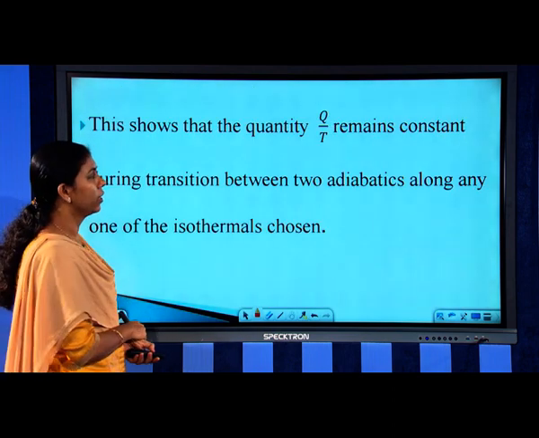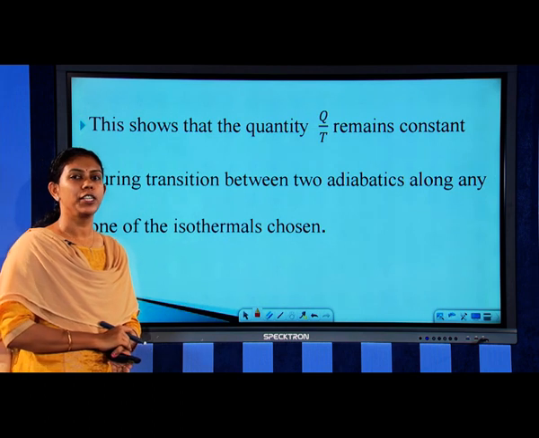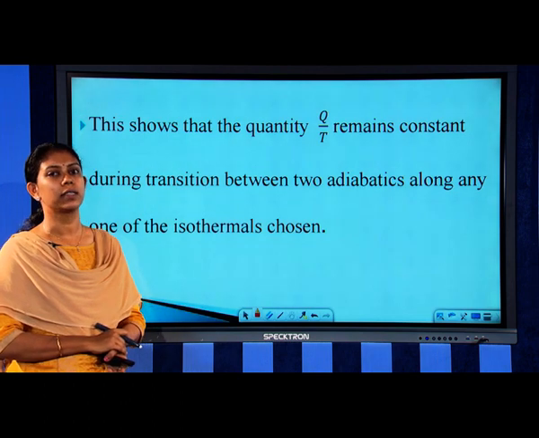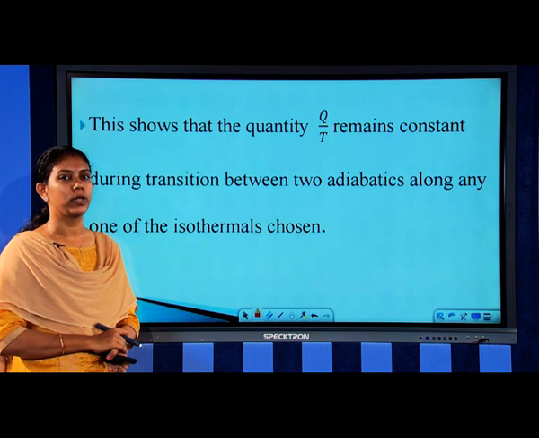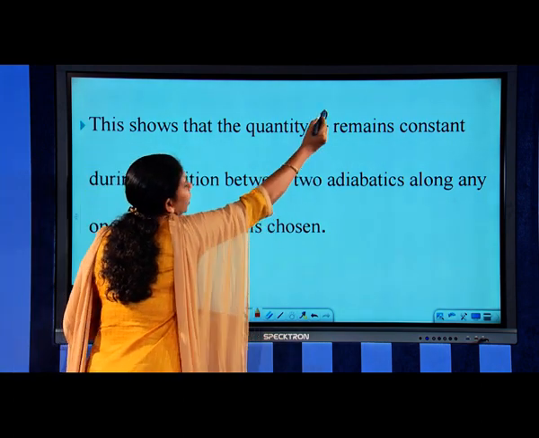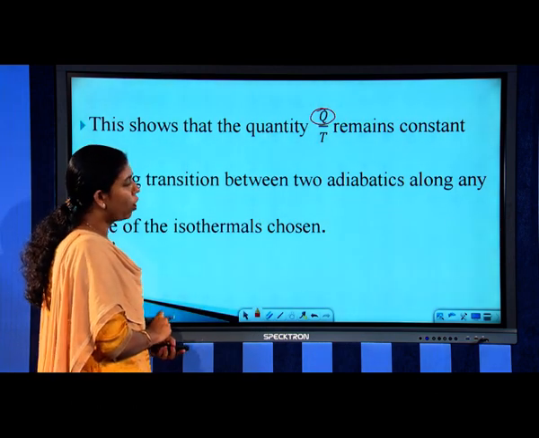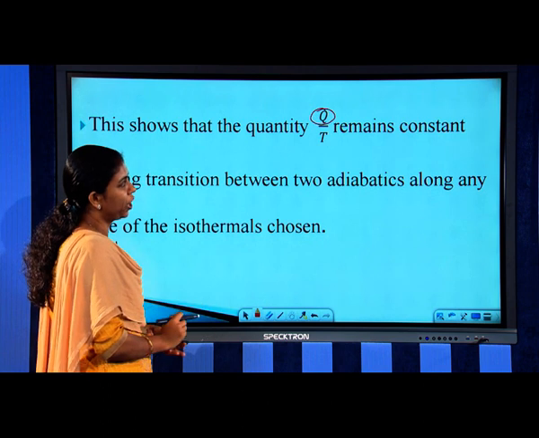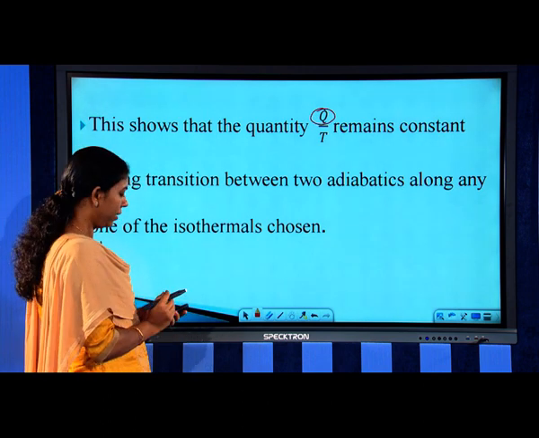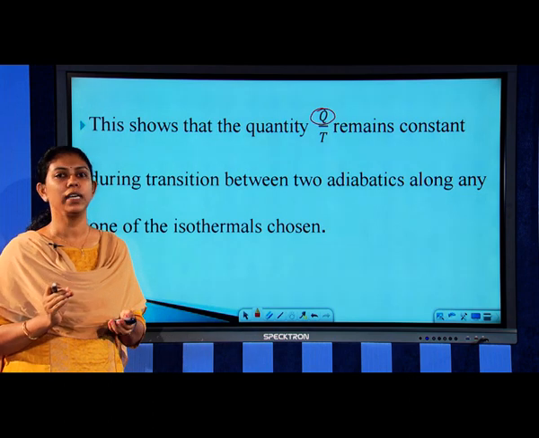This shows that the quantity Q by T remains constant during a transition between two adiabatics along any one of the isothermals chosen. Here Q represents the quantity of heat absorbed or liberated at temperature T. Let A1 and A2 be the two adiabatics very close to each other.